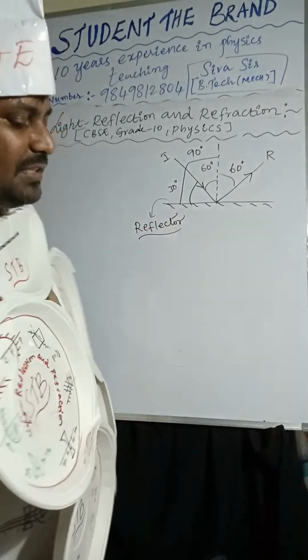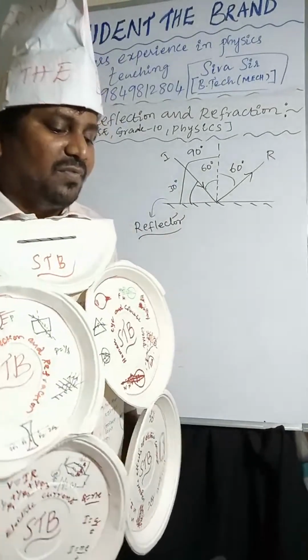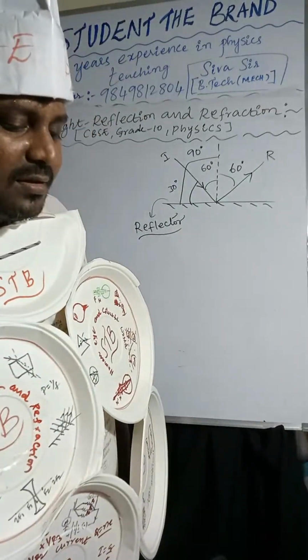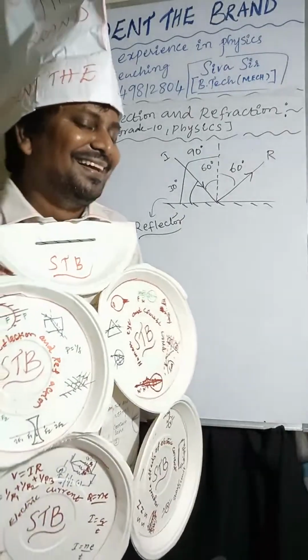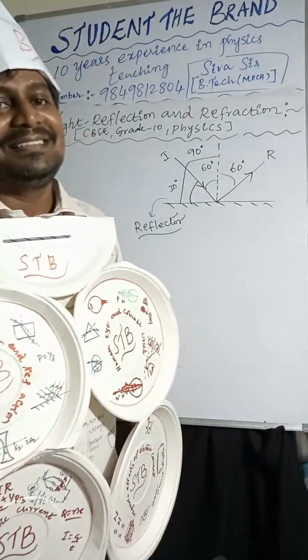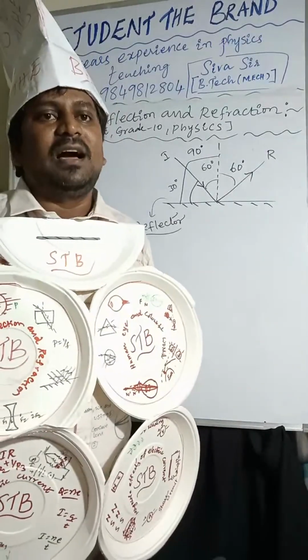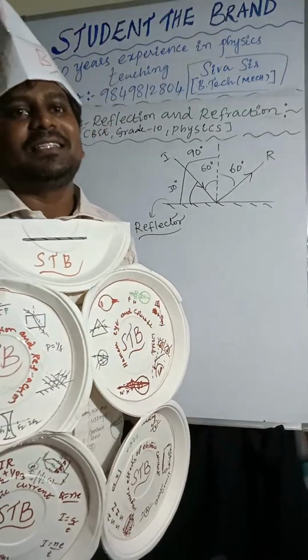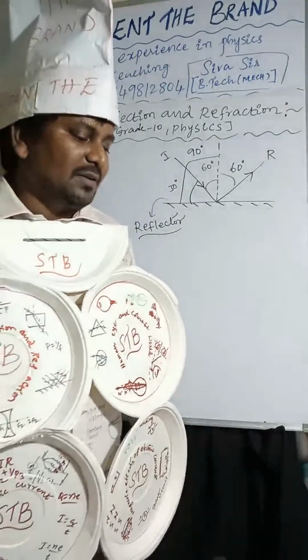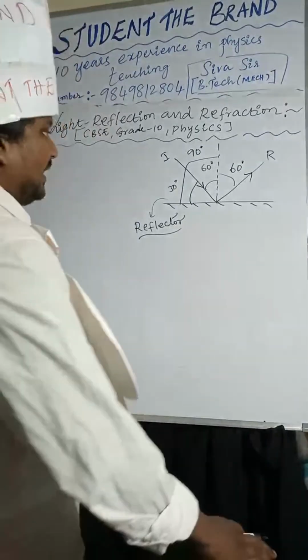The surface which is reflecting the light ray is called a reflector. I hope it is very clear to you all.